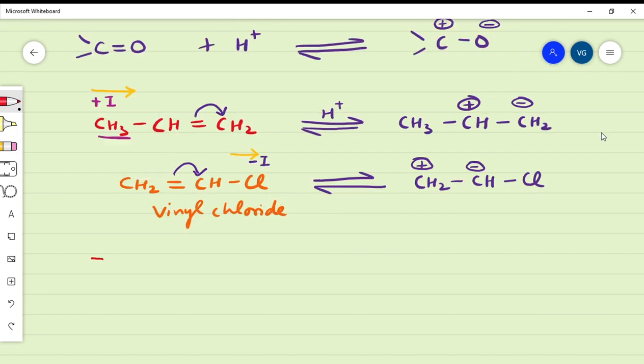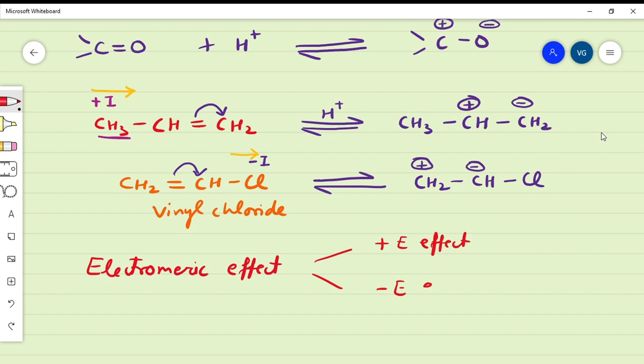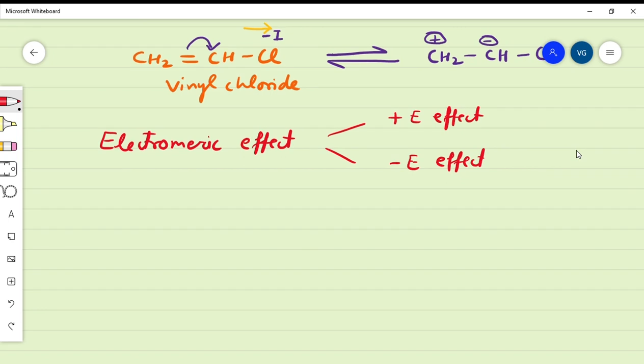This electromagnetic effect can be categorized into two types. The one is plus E effect and the other is minus E effect. Let me explain how to identify plus E effect and minus E effect, and I will also share one trick to remember it. Okay, let me write the reaction first.